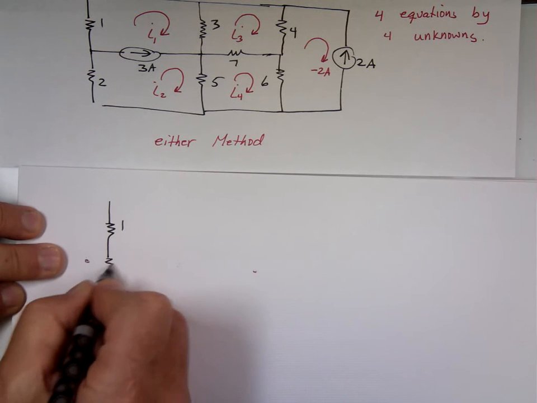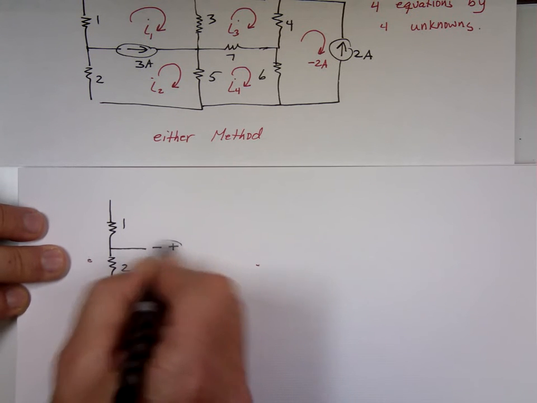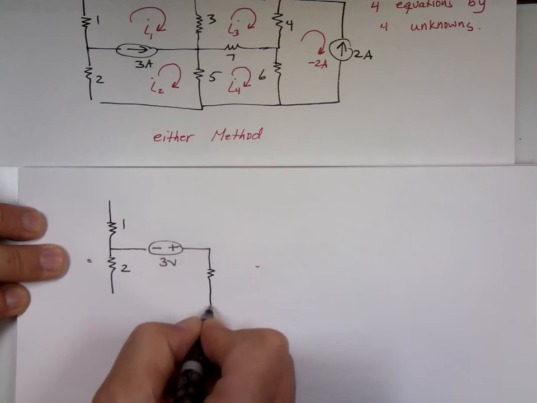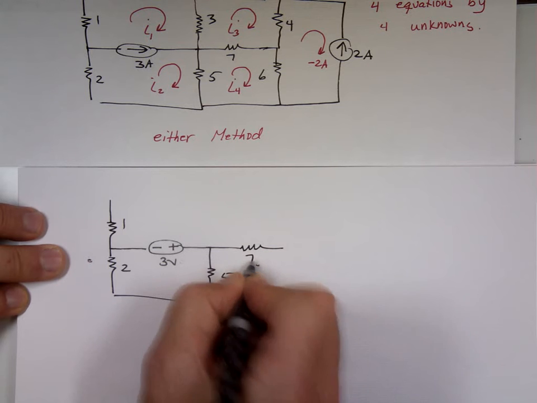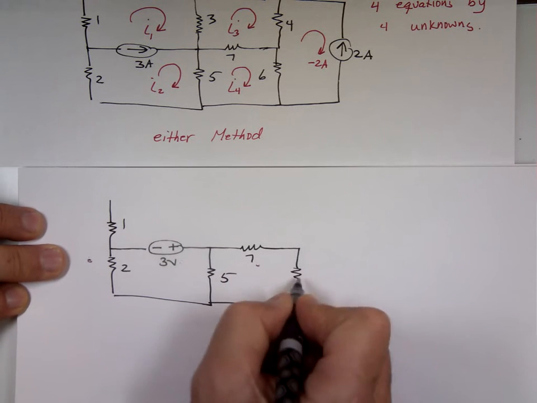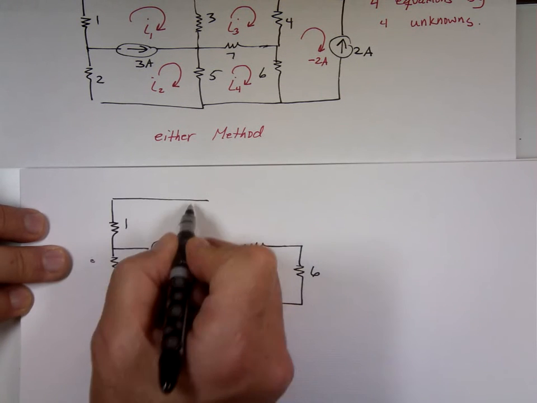I want you to think it's always the same thing. So hopefully people will listen to the video, because they might say, why did he change the current source to a voltage source? This is a different example.